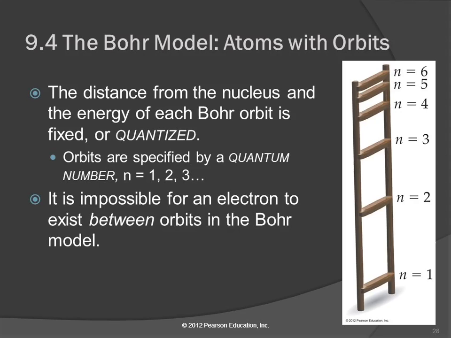But each of those orbits has a specific level. So you can be in level 1, orbit 1, they're like rungs on a ladder. Or you can be on level 2, or level 3 or 4 or 5 or 6. You can't stand between level 1 and level 2 on a ladder, can you? There's nothing to stand on. A ladder is quantized.